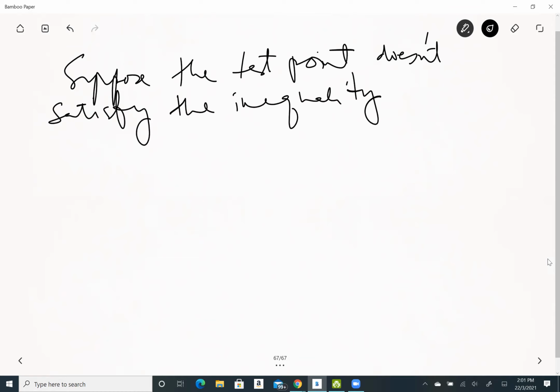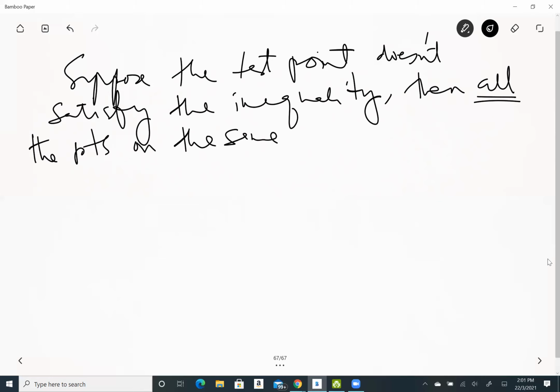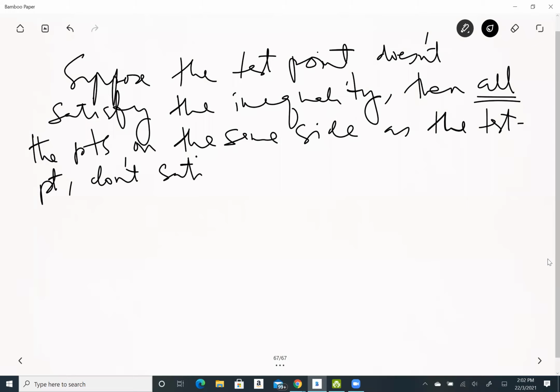Then all the points on the same side as the test point do not satisfy the inequality.